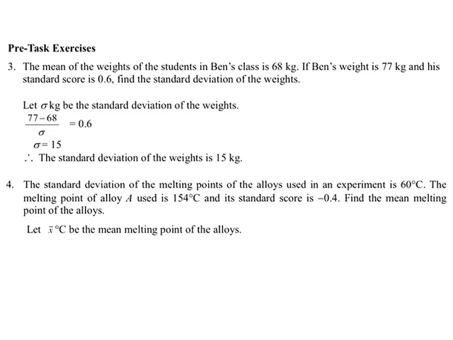Next, it is very similar, but this time we don't know the mean or the standard deviation, and we need to find it. So let's see this question. The mean of the weights for the students in Ben's class is 68 kilograms, and Ben weighs 77.